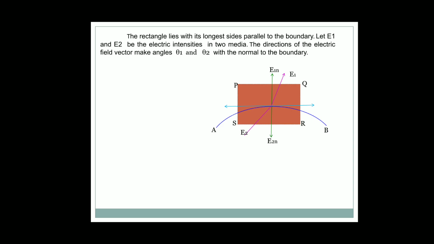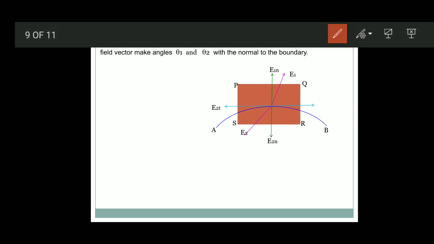E1 and E2 make angles theta 1 and theta 2 with the normal, so the vectors can be resolved into two components. The normal component of E1 is E1n, that is equal to E1 cos theta 1, and the tangential component is E1t, that is equal to E1 sin theta 1.